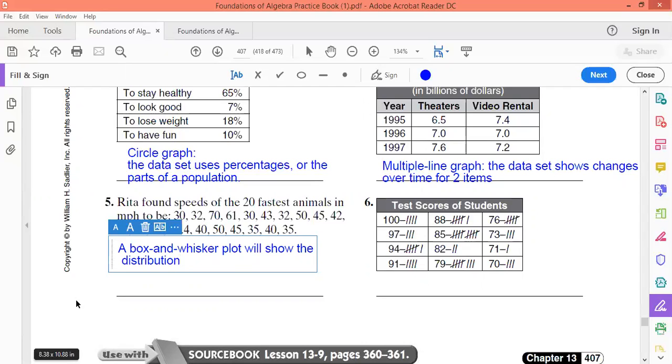Or you can say also stem and leaf. Remember stem and leaf? Stem and leaf plot.